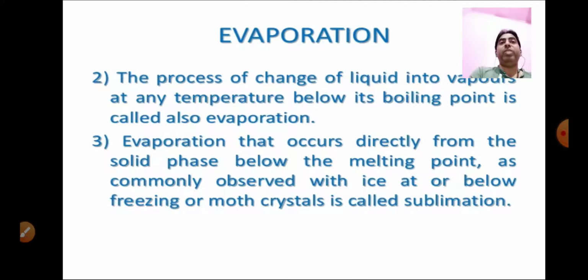The water present in the wet clothes evaporates when it receives heat from the sun or air, forming water vapor. This water vapor goes into the air, so when all the water evaporates, the clothes dry up. The process of changing water from liquid form into water vapor, the gaseous form, is called evaporation of water.